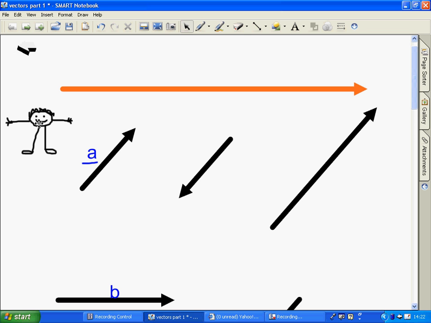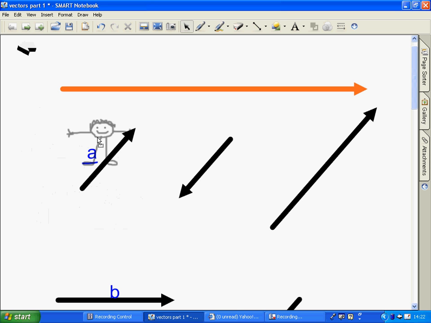Now another way vectors can be thought of is as forces. If Bob is pushing here in this direction with a force that's relative to the length of this arrow, okay, that could be a vector.